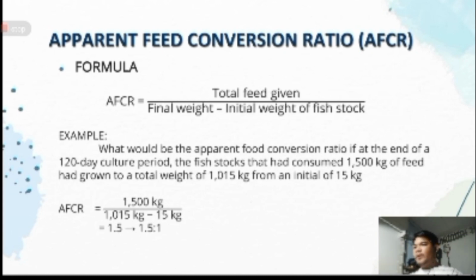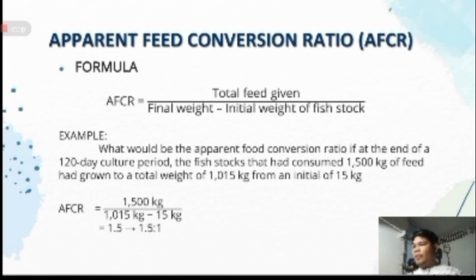What would be the apparent food conversion ratio if at the end of the 120-day culture period, the fish stocks that had consumed 1,500 kilograms of feed had grown to a total weight of 1,015 kilograms from an initial of 15 kilograms.